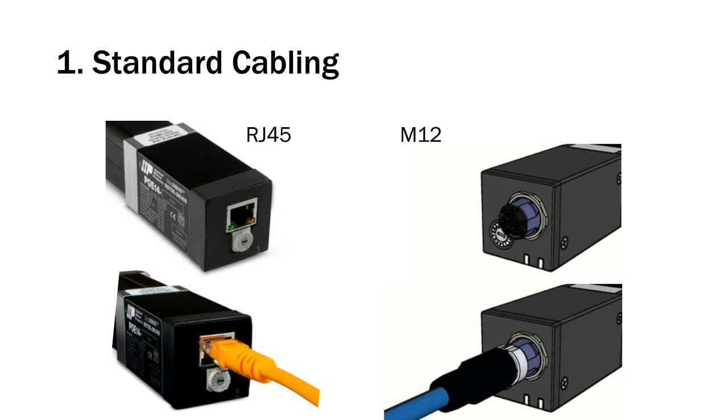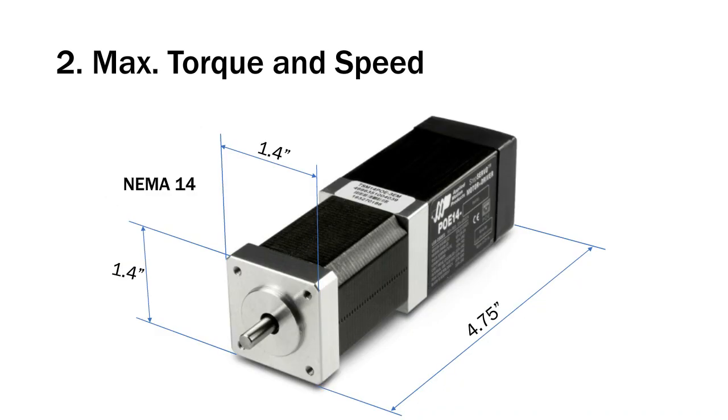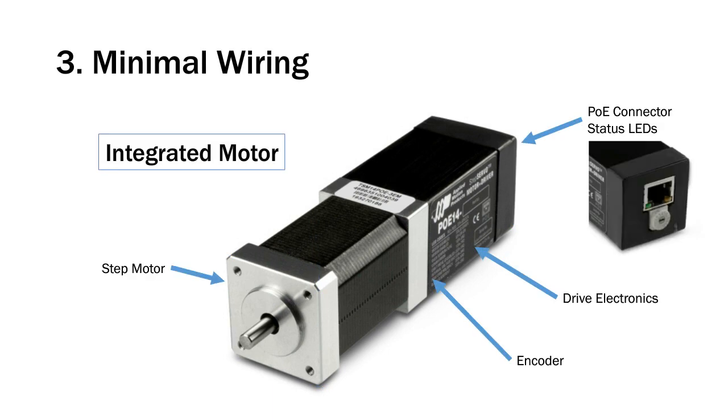We'll go with the largest size step motor that we can max out the torque and speed, which is a NEMA 14. If you're unfamiliar with that, it means that the mounting face of the motor is 1.4 by 1.4 inches. And as it turns out, our motor is just under 5 inches long. And as I've already mentioned, minimal wiring. We're going with an integrated motor solution.